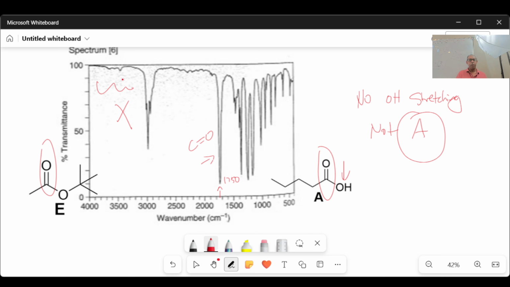No broad signal around here. Therefore, this is an ester, with these CH stretching of an alkane around here, but it doesn't have the OH stretching here. Hence, I would easily conclude this is an E compound.